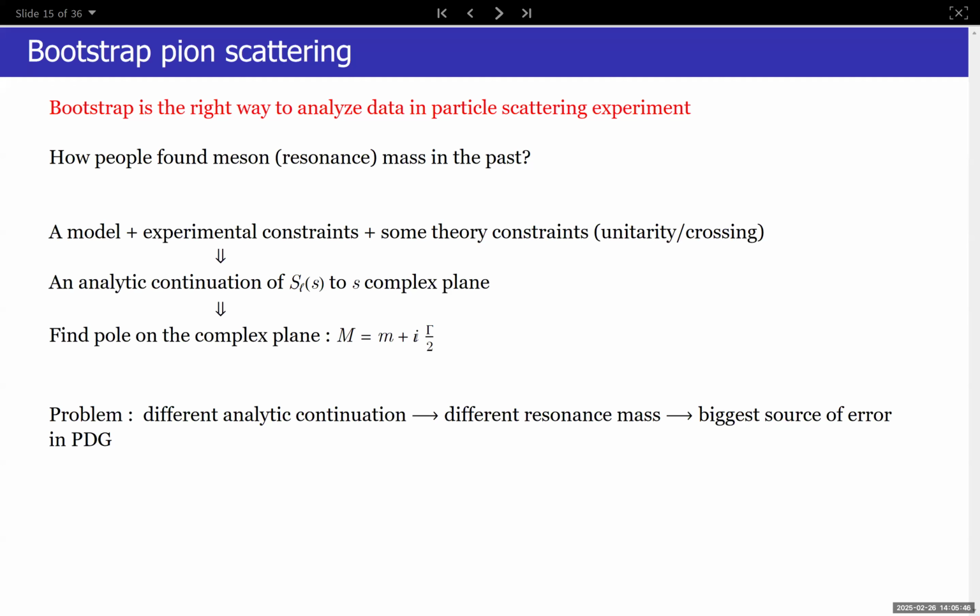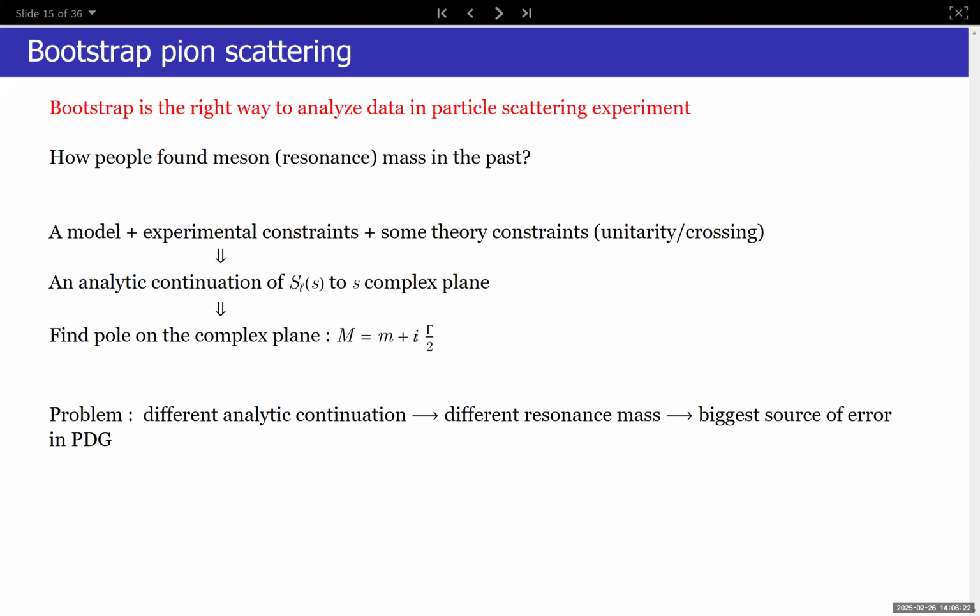For example, it might have partial wave unitarity built in, or partial wave analyticity built in. Then this model has some tunable parameters. Then you tune these parameters to match experiment in the low energy. And after this procedure, the model gives you a unique analytical continuation of the S matrix to the complex plane. Then you go to the complex plane and find the pole of the meson.